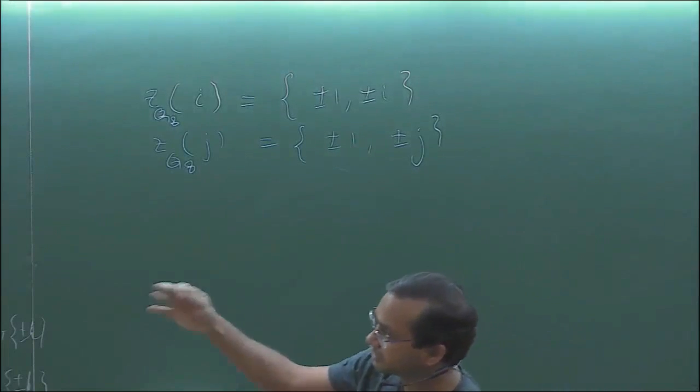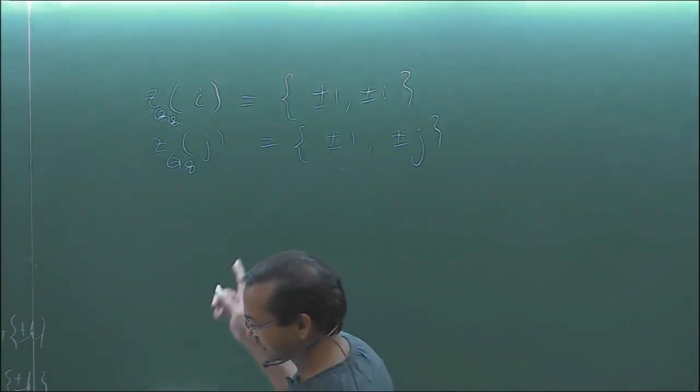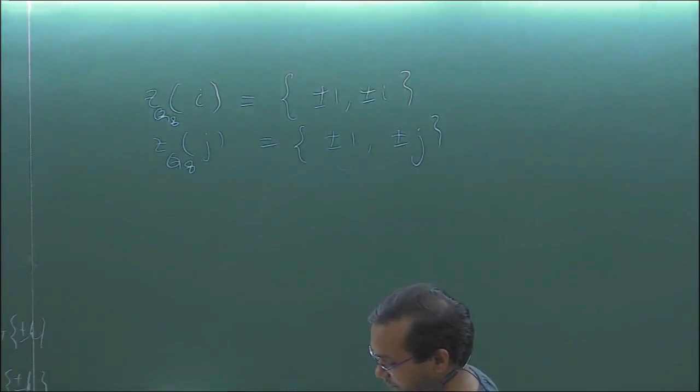So you should not get carried away thinking that if two things are isomorphic, then they are probably the same G-class. That's the reason why I wrote this example.